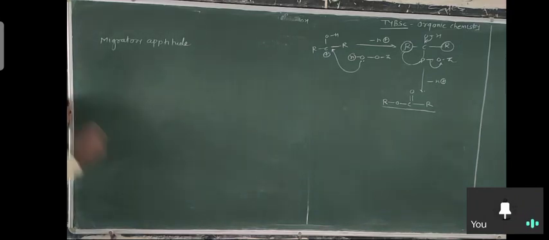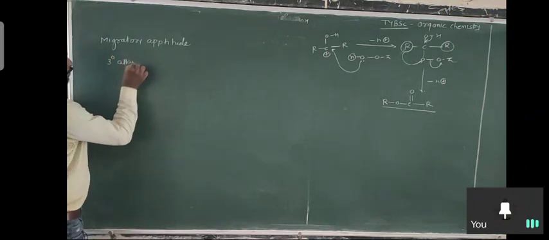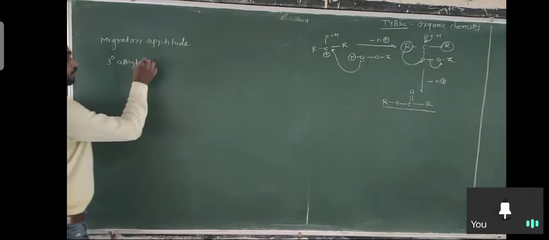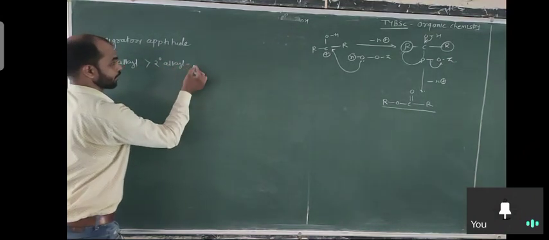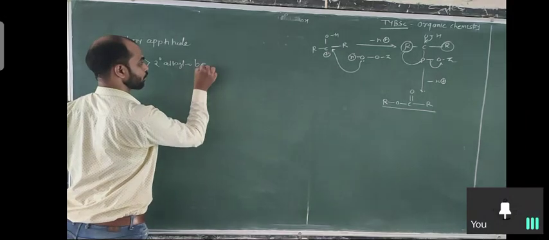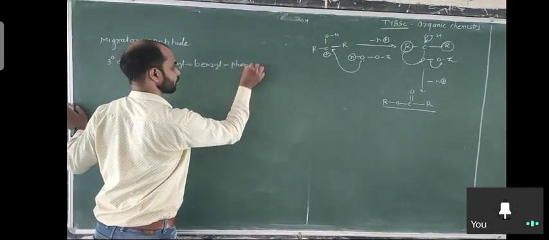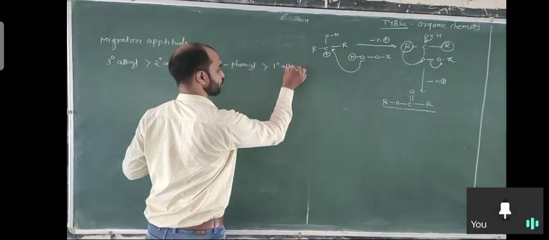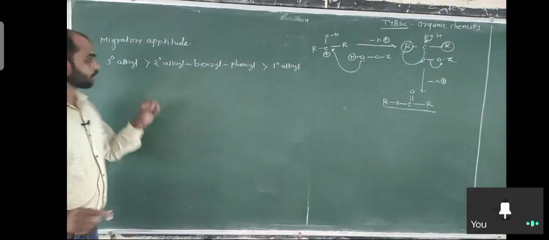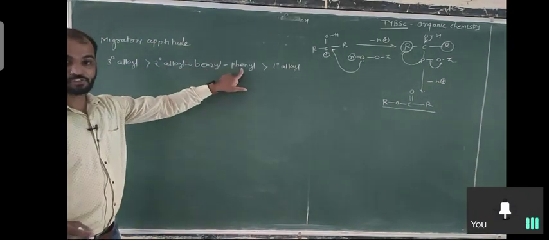then basically tertiary alkyl has more migratory aptitude. First is tertiary alkyl, then secondary alkyl, then benzyl, which is equal to the phenyl group, then primary alkyl. So you write this aptitude: tertiary, then secondary, then benzyl, then phenyl.